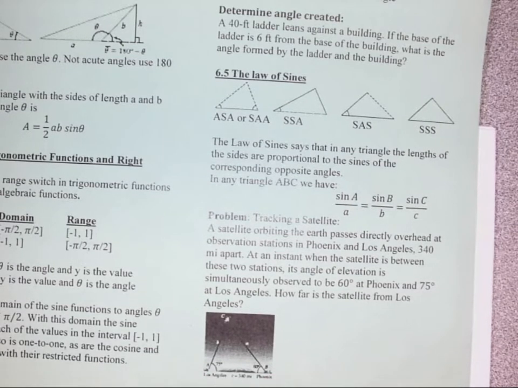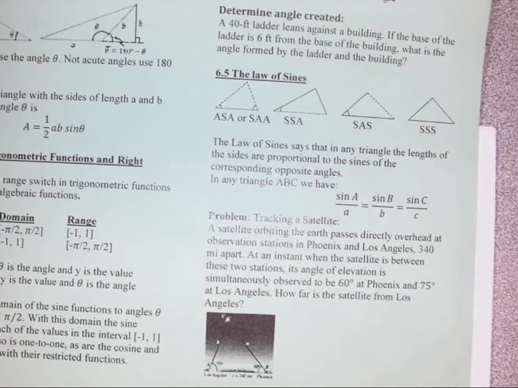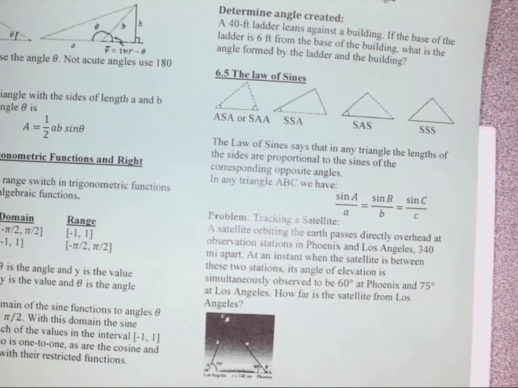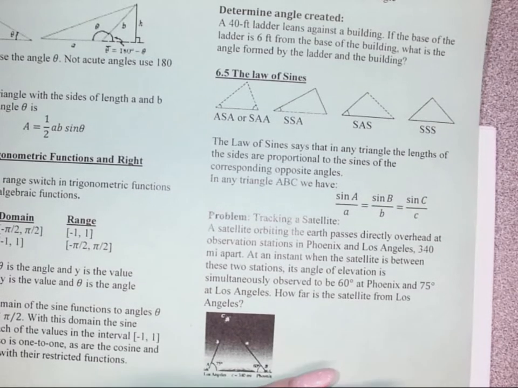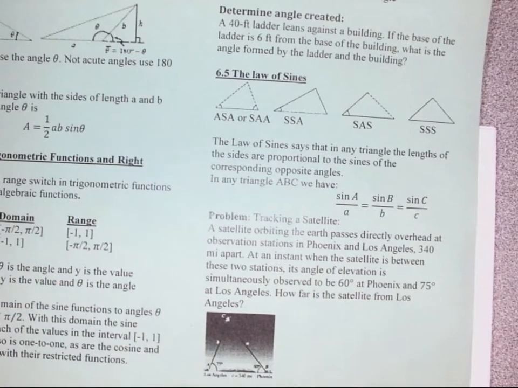At an instant when the satellite is between these two stations, its angle of elevation, remember, the angle of elevation is where it rises up from the ground, is simultaneously observed to be 60 degrees at Phoenix and 75 degrees at Los Angeles. How far is the satellite from Los Angeles?